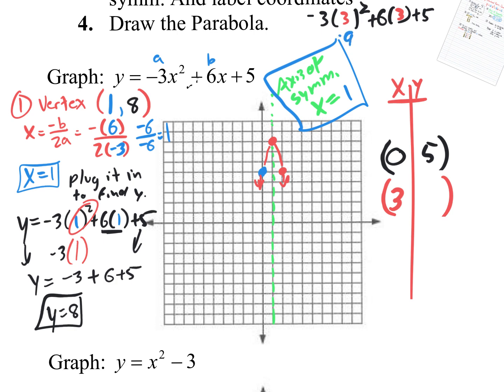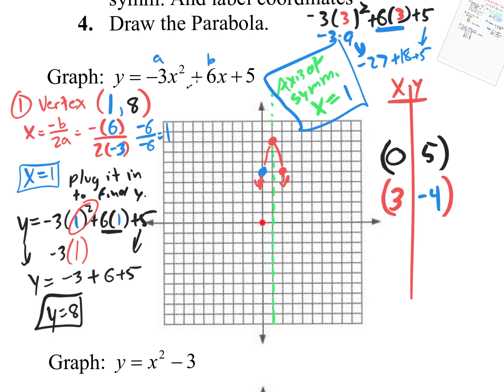So I have a 9 times -3. 9 times -3 is -27. And then 6 times 3 is 18. And then plus 5, that's what I need to figure out. What's -27 plus 18 plus 5? I think that'll be a -4.